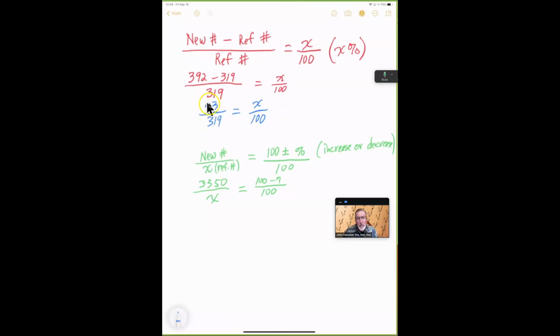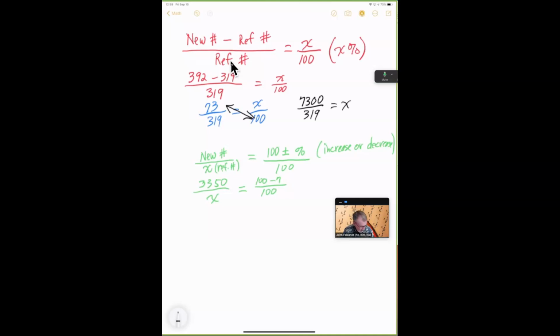So I like to use cross multiplication to solve this kind of problem. And so that means we just multiply 73 times 100 and then divide it by 319 to calculate X. So I'm going to just write that out here on the side, 7300 over 319 equals X.